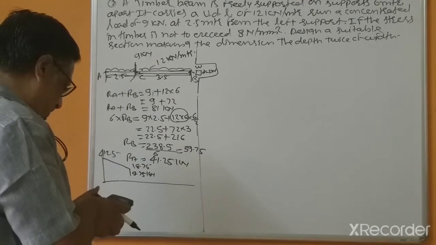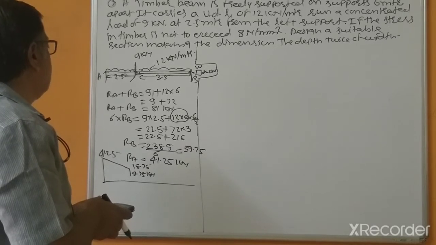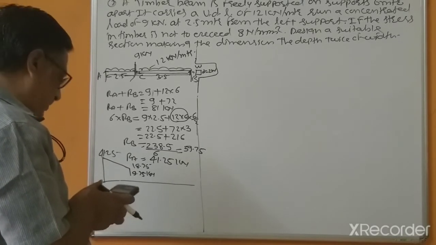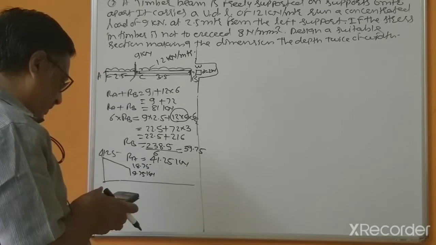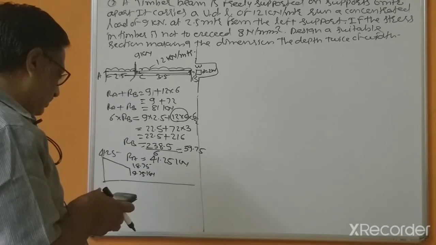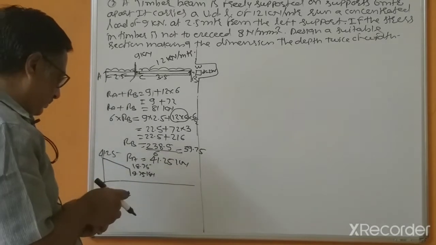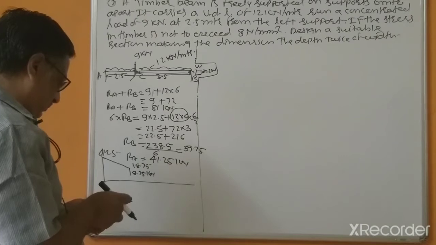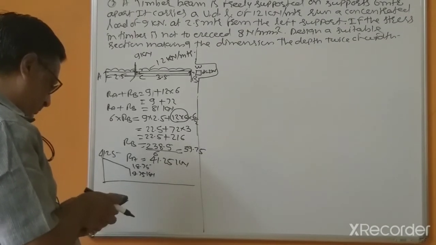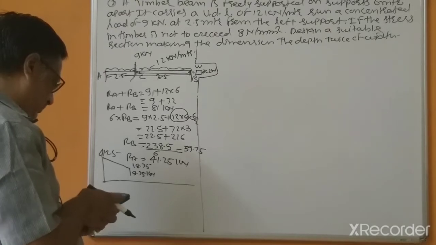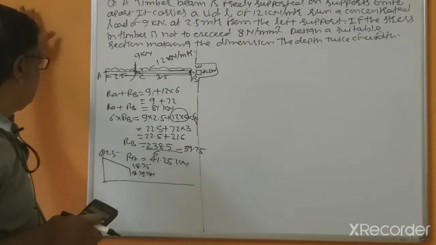And this is 9.75 plus 12 into 3.5. This is 42.